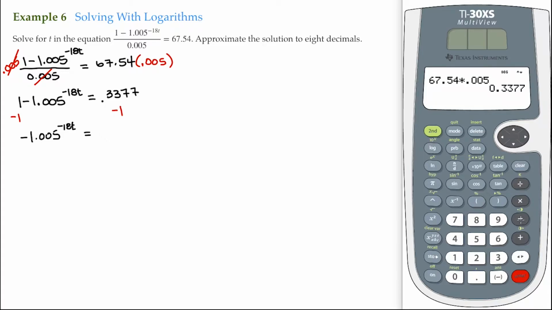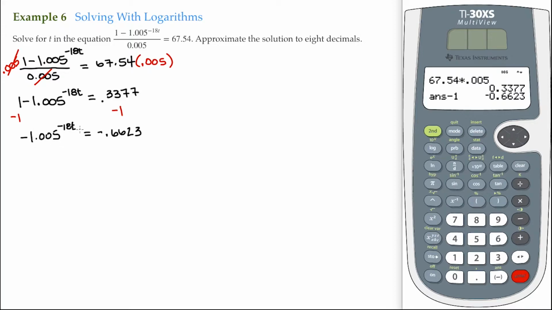If you go to the operator key and hit minus, it's going to subtract. This ANS is the last answer that was up there. This is a handy tool to have. So it's going to subtract from the last answer, and I'm going to subtract 1. And that gives us negative 0.6623.